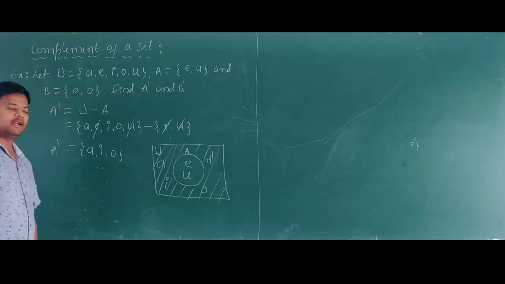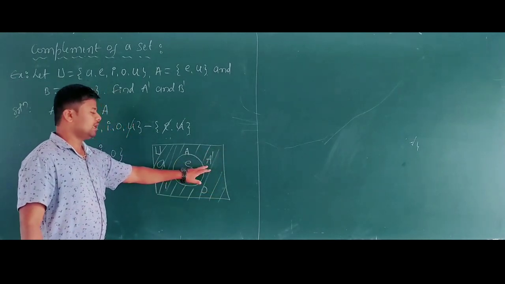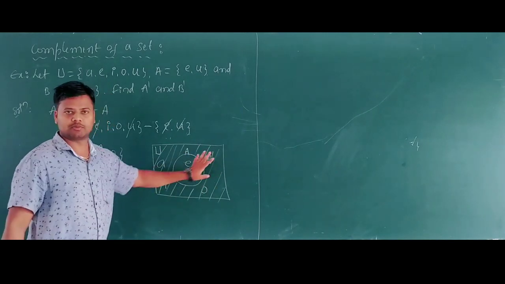This is how we represent A complement by Venn diagrams.